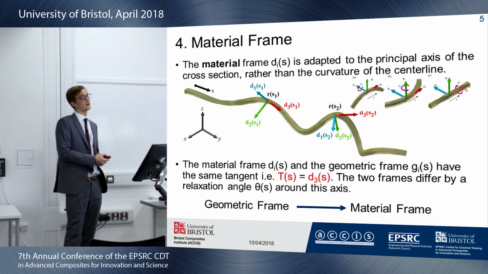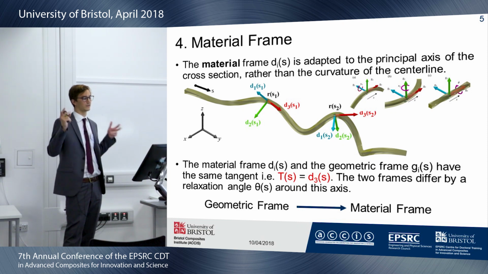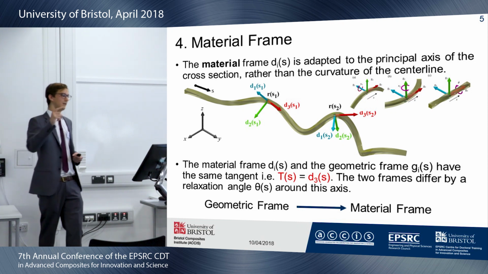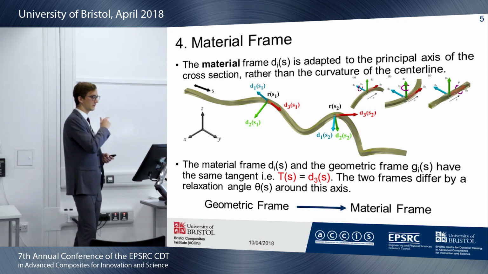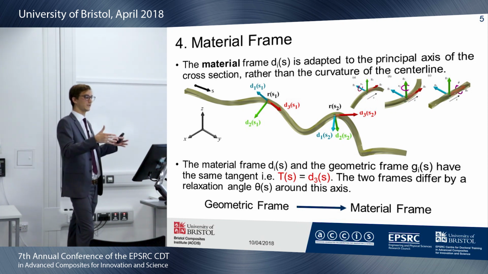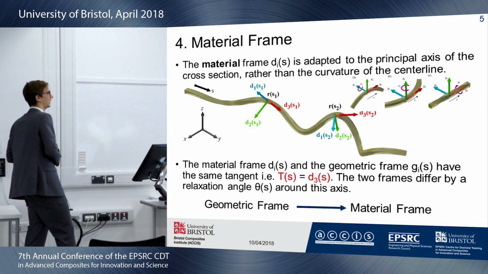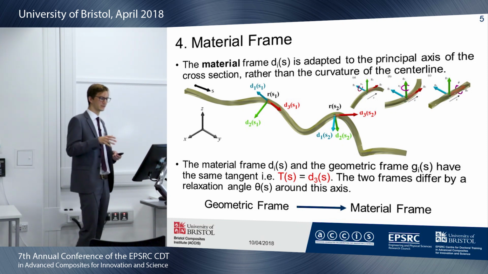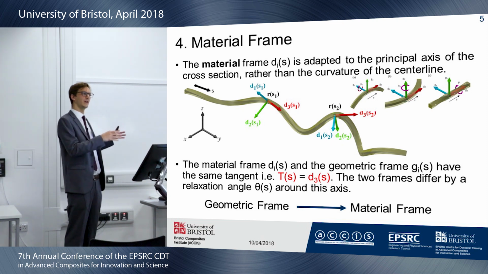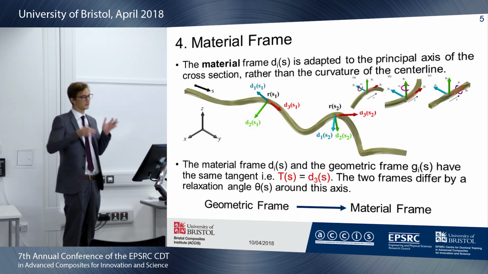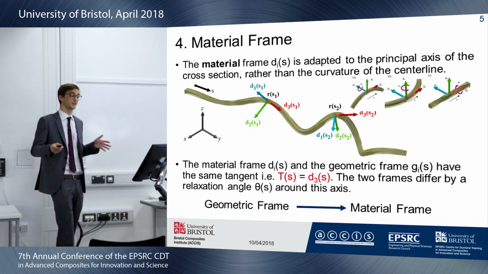Now this frame, again, has a vector tangent to that curve, but instead of being adapted to the geometry, it's adapted to the cross-section. So that when the material or the structure bends, the rotation rates of this frame give you the standard curvatures and torsions that you would expect when you bend or twist a structure. So what we needed to be able to do is to build a model that could map from the geometric frame, which is nice and easily computed, and we could easily change the input variables, into the material frame, which gives us the behaviour of the structure.